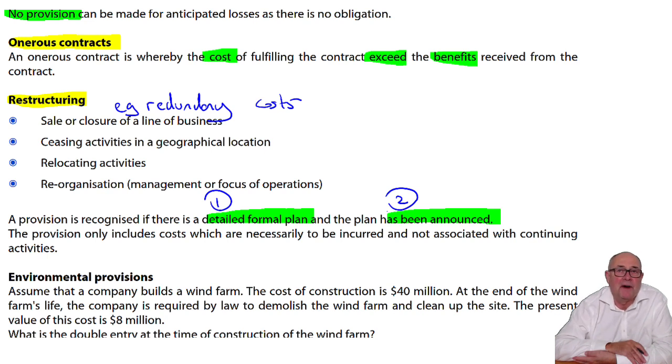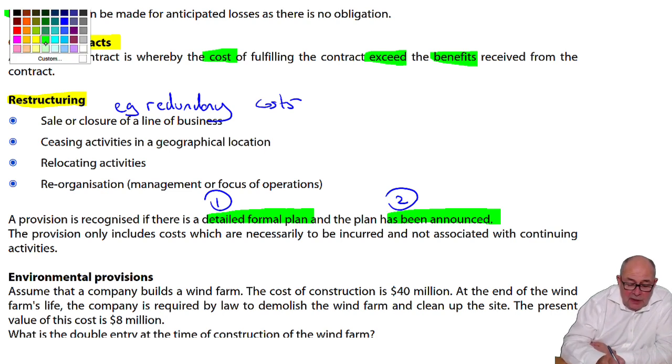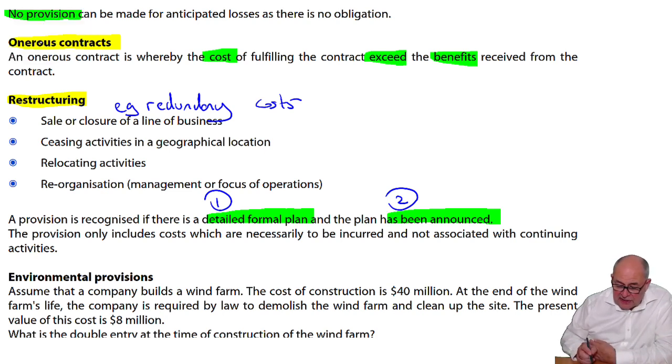So you would go and find another job. So this, again, makes sure that these provisions are only set up when you really intend to go ahead with the restructure.